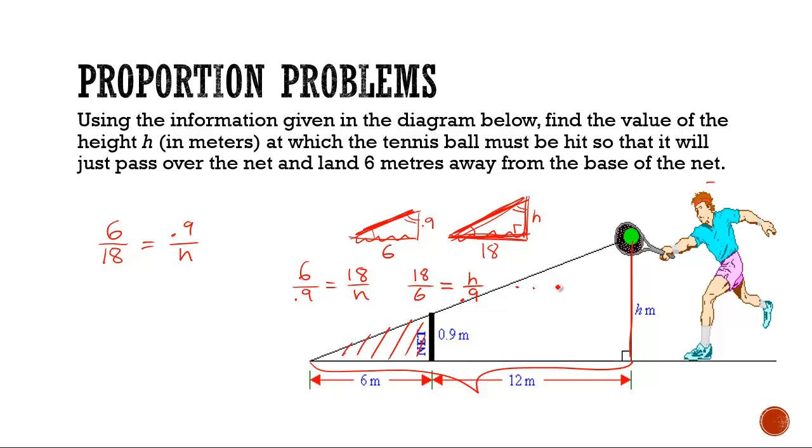So you have many possibilities, but they're all going to give you 18 times 0.9 divided by 6, which gives us 2.7. So we've got 2.7 meters as the measurement here.